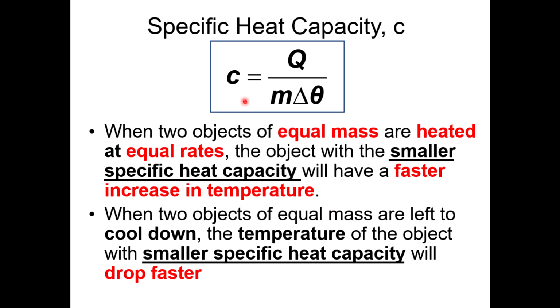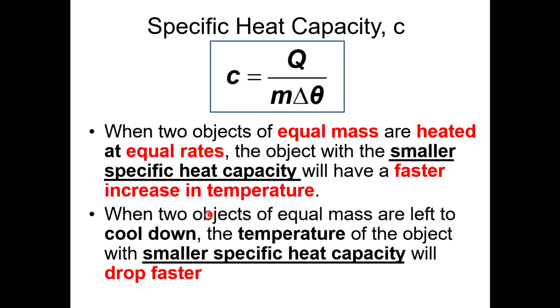Remember this formula, c equals Q over m delta theta. If we have two objects that have the same mass and are heated at an equal rate, the object that has smaller specific heat capacity will have a faster increase in temperature. It will become hot faster, cepat panas. Heat up faster.